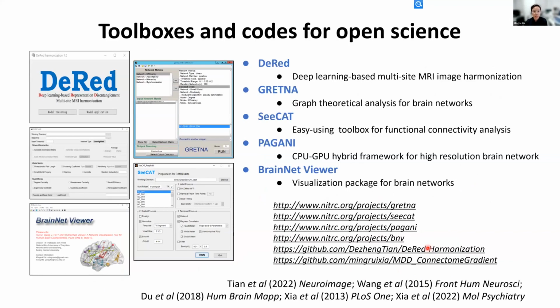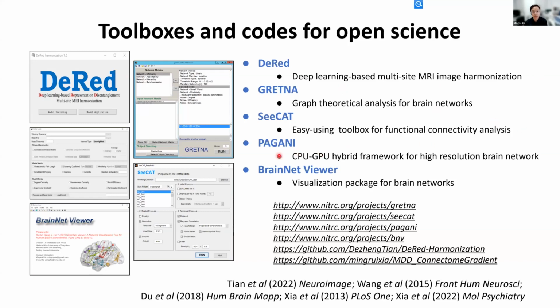To analyze these brain networks based on MRI data, during the last 10 years we have developed a series of toolboxes and codes. These include DIRED, a deep learning-based framework for multi-center MRI imaging harmonization. GRETNA is a graph theoretical analysis toolbox for analyzing brain networks. The CCAT is an easy-to-use tool to conduct both seed-based functional connectivity analysis and network connectivity strength analysis.